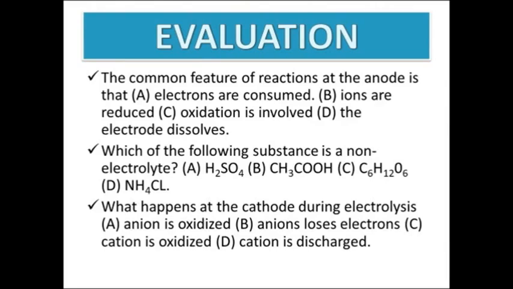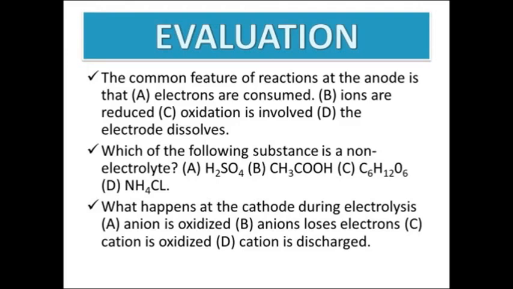So during electrolysis, what happens? A says anion is oxidized. But let me ask you, what is an anion? When you talk of anion, we talk of those ions that migrate to the anode. The ions that migrate to the anode are called anions, meaning anode ions. Like in acidified water, you have the hydroxide ion.